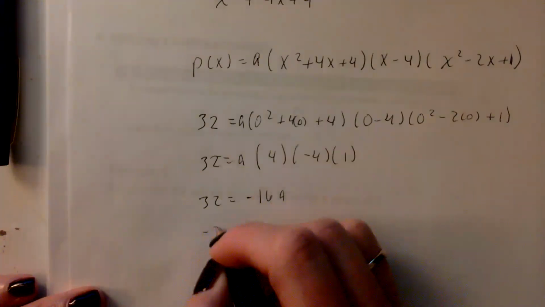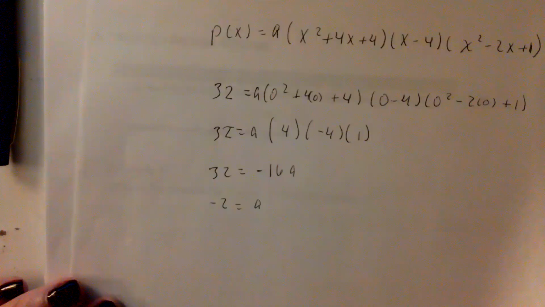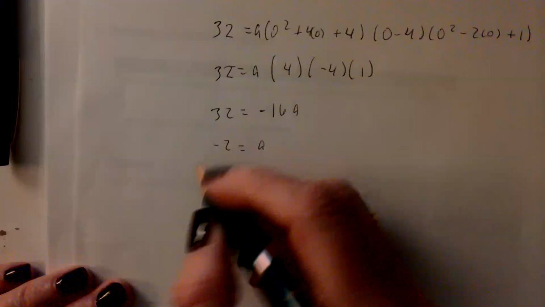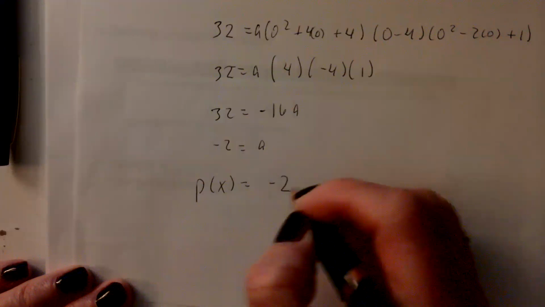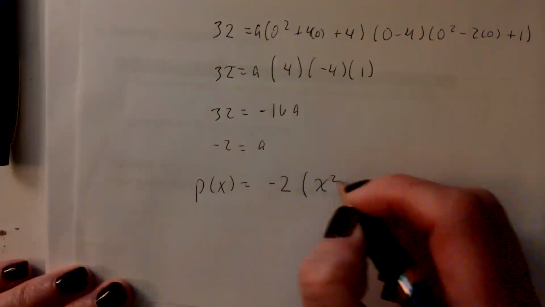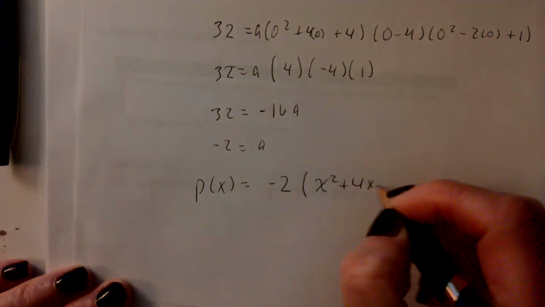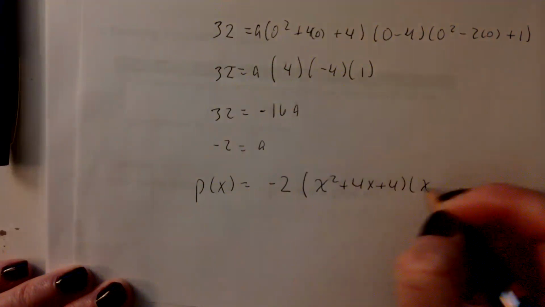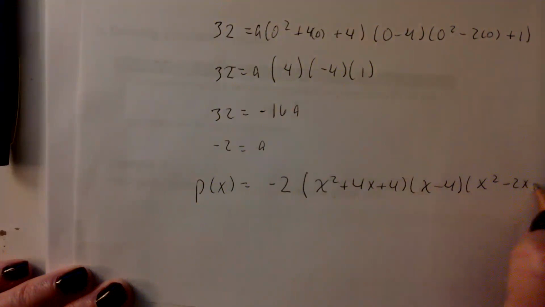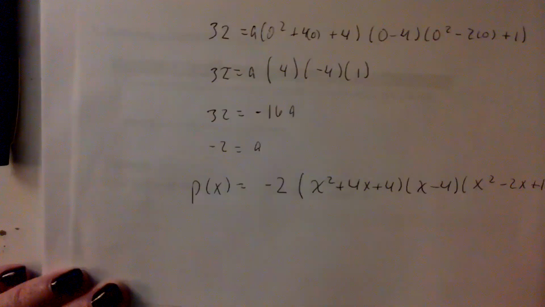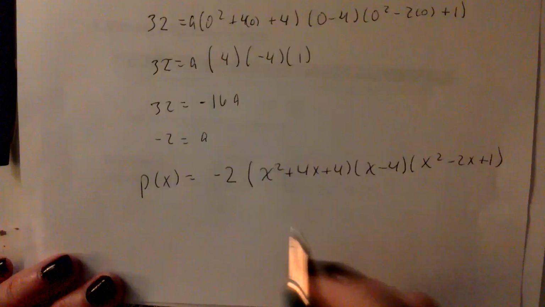So a must be -2. So P of x equals -2 times x squared plus 4x plus 4 times x minus 4 times x squared minus 2x plus 1. And like I said, you could multiply that all out.